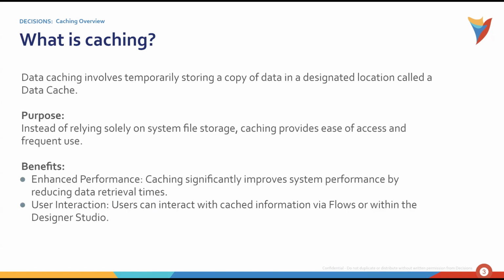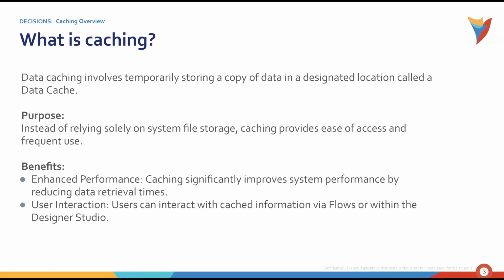So now let's see what is caching. Basically, data caching is a process of keeping a duplicate of data in a special storage area called a data cache for quick access and regular use. This method stores the data in a cache rather than in a main file storage system to streamline retrieval and for easy access.